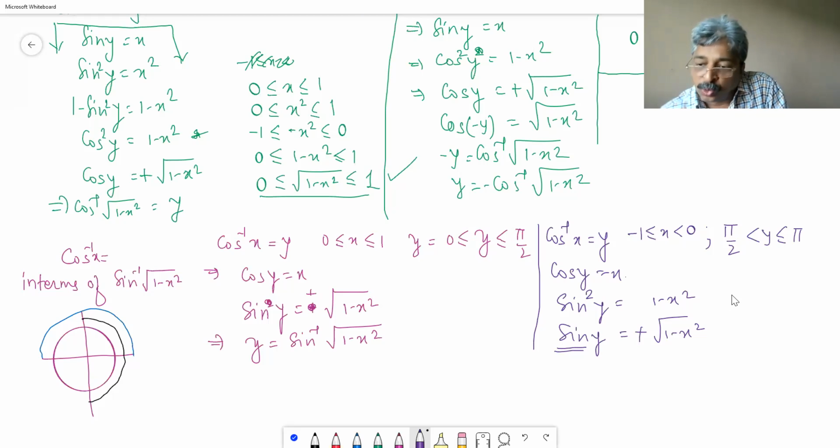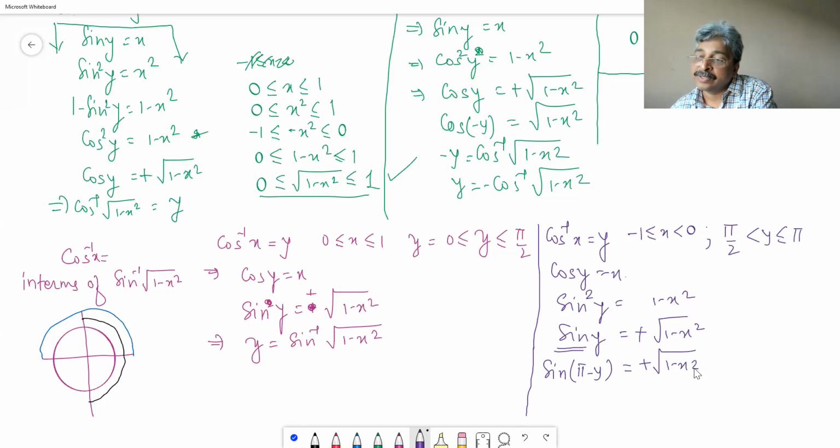Let us see. So what do you suggest? Sine of, now what do you suggest? Pi minus y. Sine y is sine of pi minus y. Numerically the value is exactly going to be radical 1 minus x square.